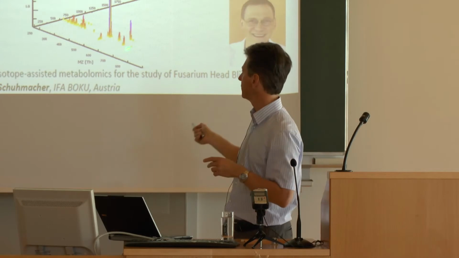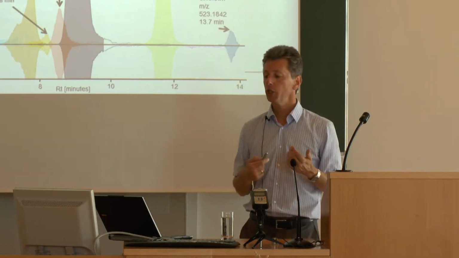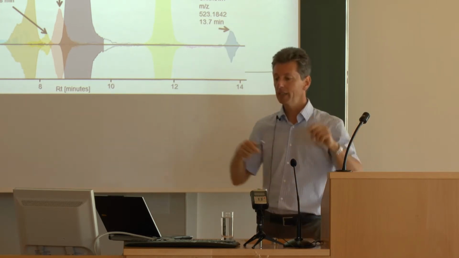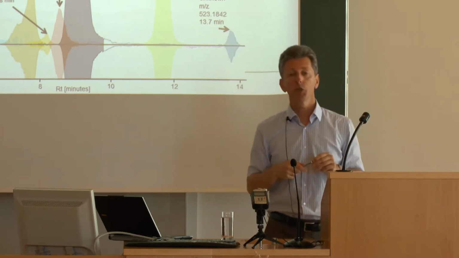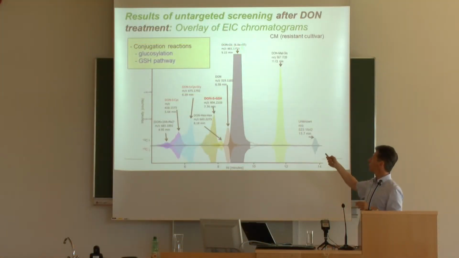In this case, 9 bioinformatically relevant compounds were found, with actually a new generation, so to speak, of mycotoxins which we have detected. We metabolized deoxynivalenol on wheat, and after metabolization of deoxynivalenol in wheat, we found deoxynivalenol glucosides.